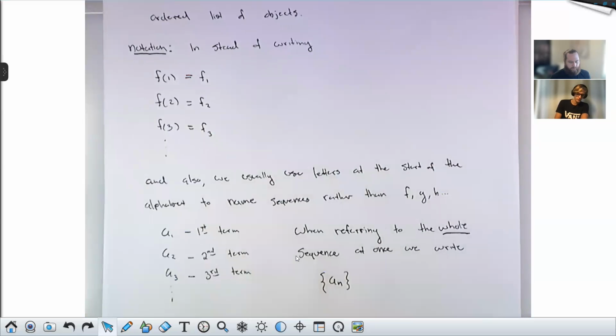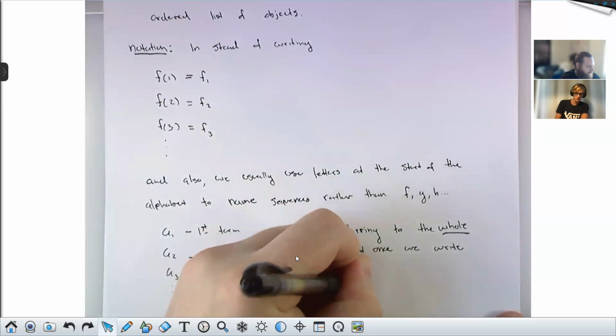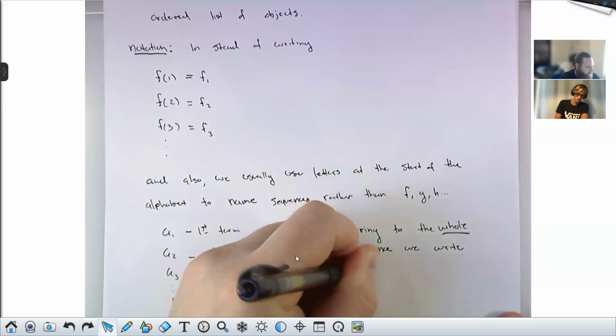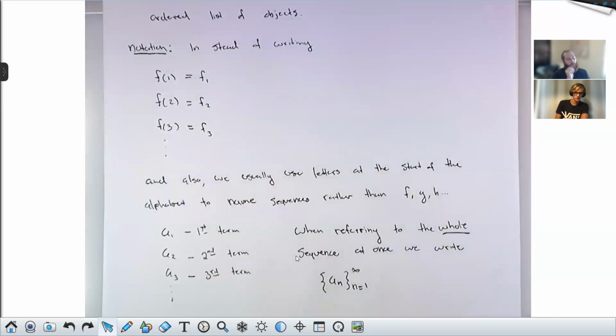And this is what you'll see in the textbook. And depending on the degree of formality, you might see a little n equals 1 to infinity here, or maybe just n equals 1 to indicate where the sequence starts. Because like I said, sometimes we start at 0, sometimes we start at 1.